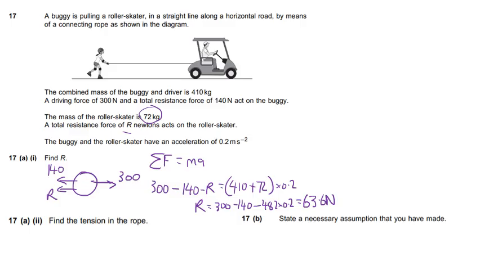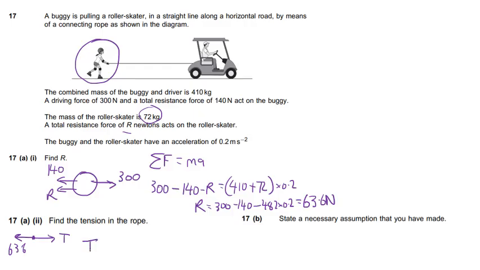Part 2, find the tension in the rope. Okay, so if I just look at the forces on the roller skater, for example, like you could just look at the forces on the buggy as well. There's two ways to do it. But if I just look at the roller skater, I've got two forces, 63.6 there, and then to the right, the other force acting on them is the tension.